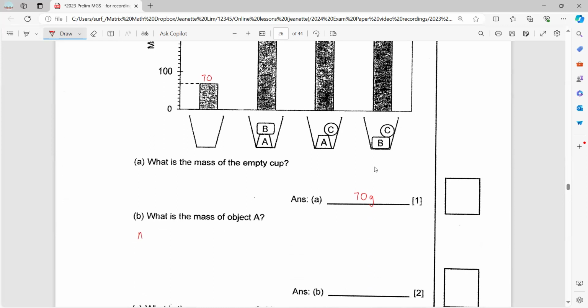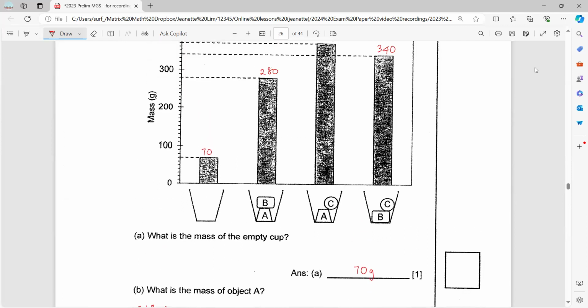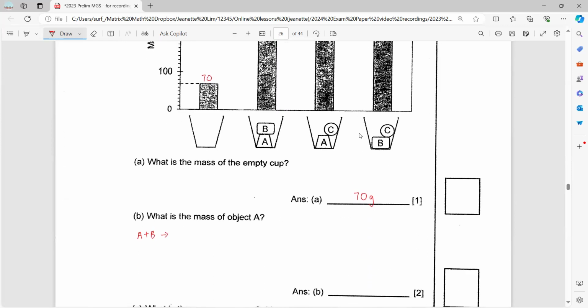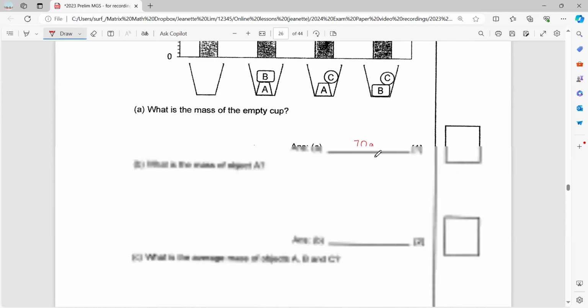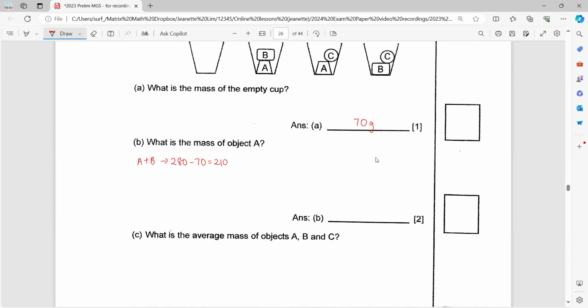So A and B is 280 minus 70. Then 370 minus 70. Then the last one is B and C, which is 340 minus 70. 270.